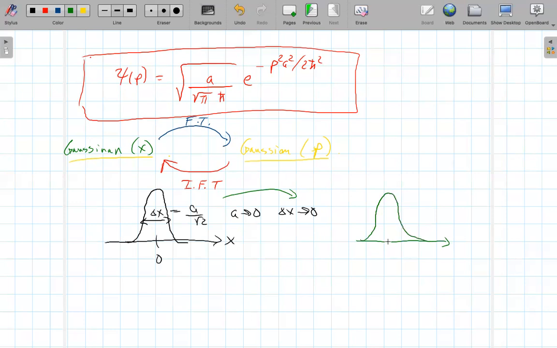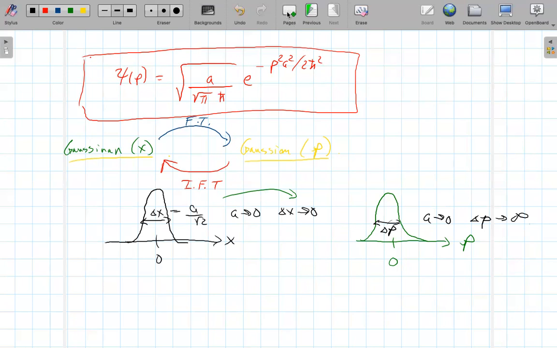Here's my Gaussian, centered at 0 momentum, just like the position is 0. But this is going to have an uncertainty, delta p. And if this becomes more localized as a goes to 0, then what should happen is that this one should become less localized, which means in the limit that a goes to 0, delta p should go off basically to infinity. So I should have the opposite effect as this.